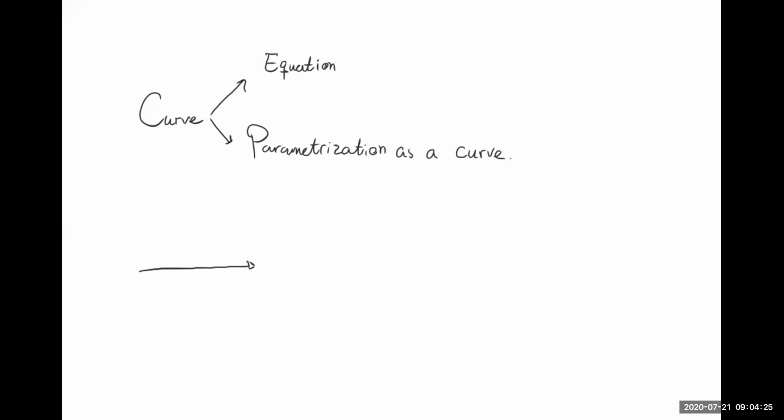Look at this line. Let's say we have a line which passes through the origin, 0 and 0, and another point, let's say 1 and 1. First, what is the equation of this line?